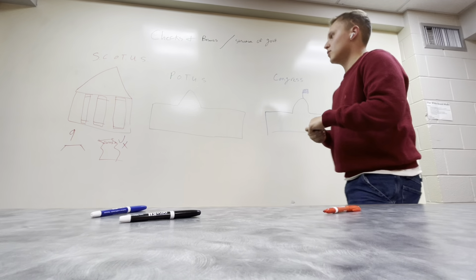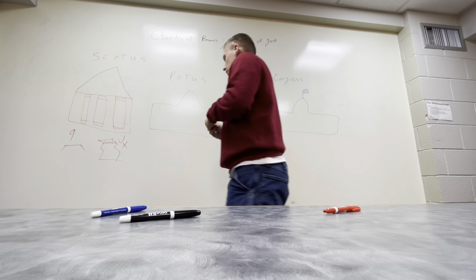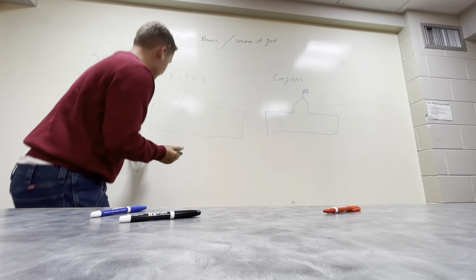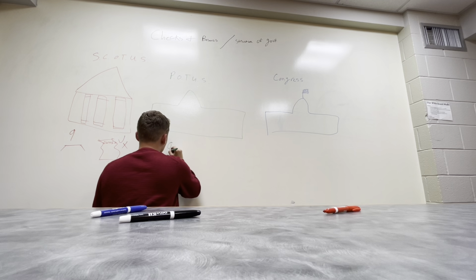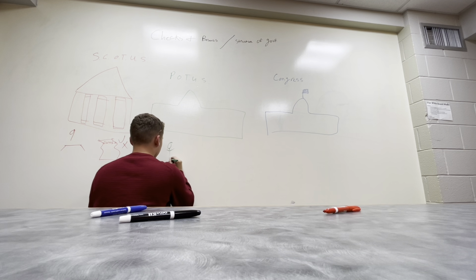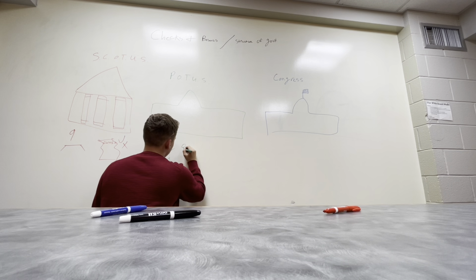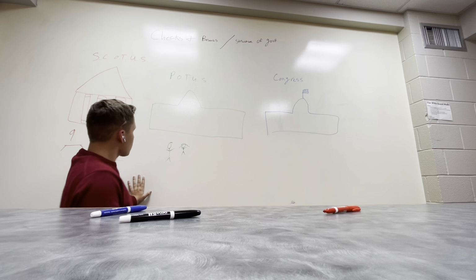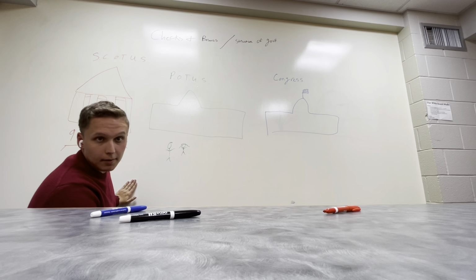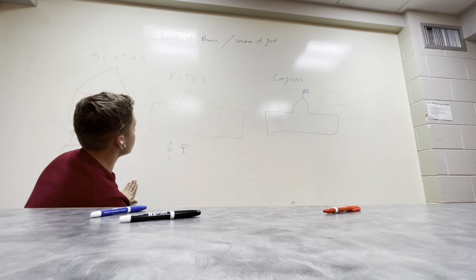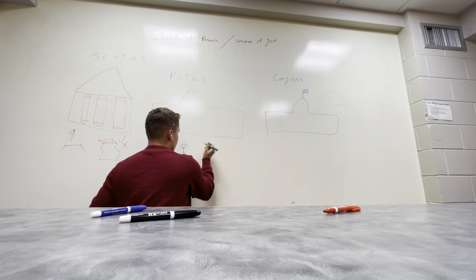Here in the middle, we have POTUS, again, the President of the United States. It is one man, and more than likely his wife, and they make up the executive branch of the United States.